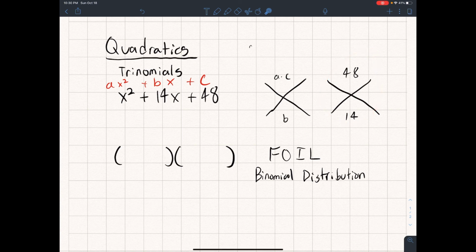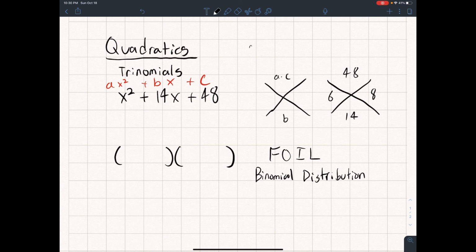But let's talk about why we really need 48 and 14. Well, first off, we know the factors of 48, that'll probably work. 6 times 8 is 48, and 6 plus 8 is also 14. So those two numbers would be 6 and 8.